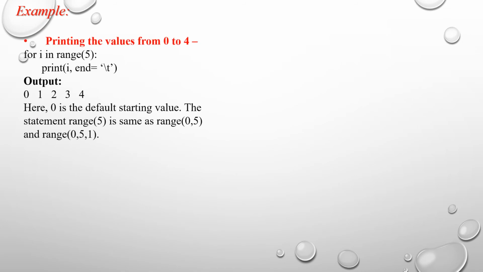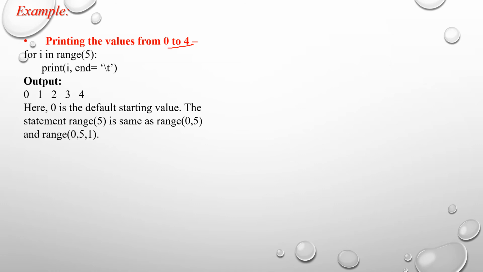Let's consider an example where we have to print the values from 0 to 4. Here we use the for loop: for i in range of 5. This is the for loop header. After that we are going to print i, end is equal to backslash t. We know that the range syntax is range of start value, end value and step size.